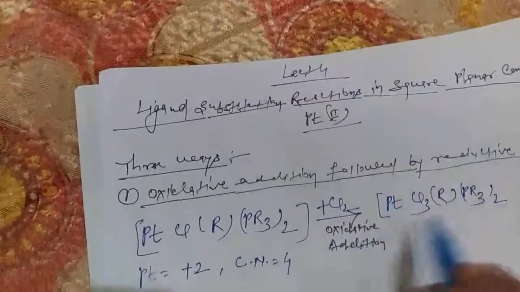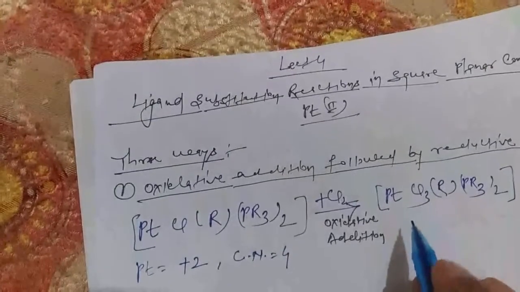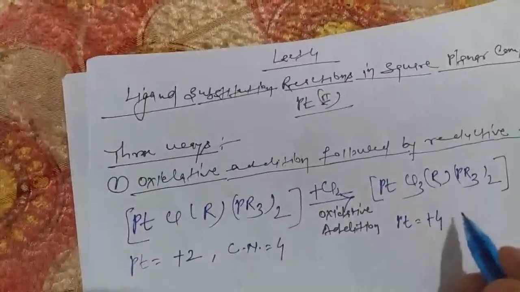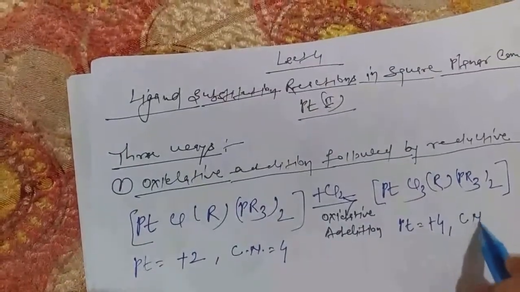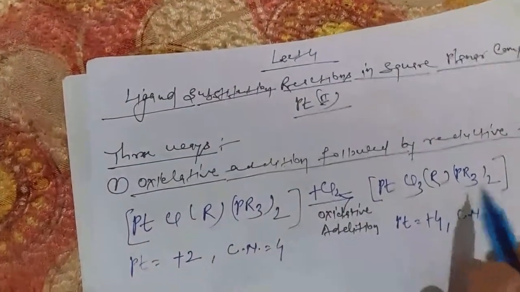So this is the addition reaction. So what will happen here? You can see that platinum is now in +4 oxidation state, and the coordination number of platinum is again 3 and 4, and 6.